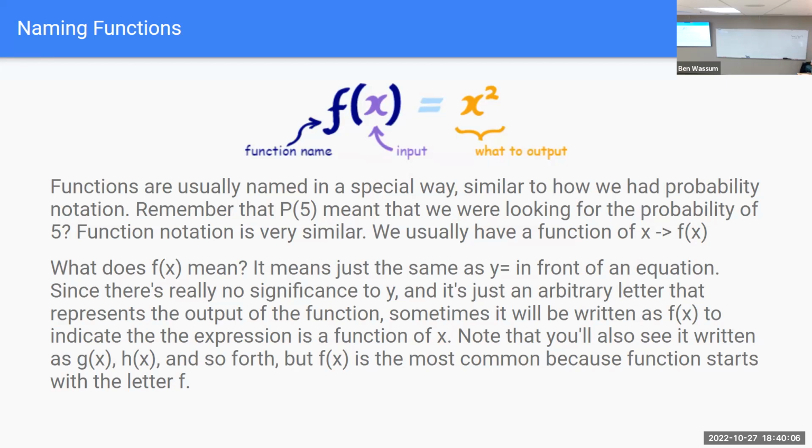So as I have here, there's no significance to y in a y equals. So we actually give it a specific name by putting a letter and then putting the variable in those parentheses.